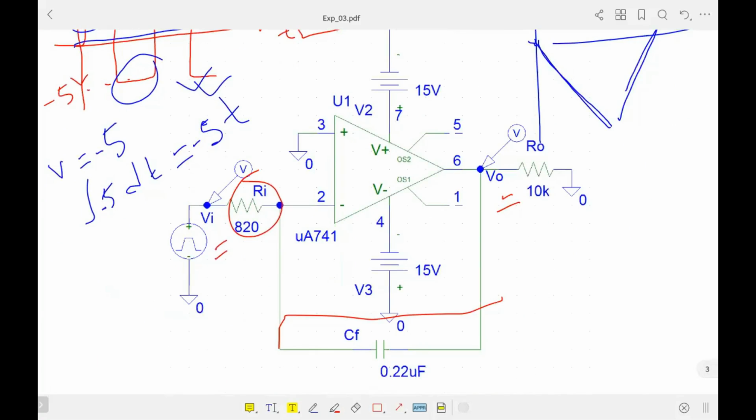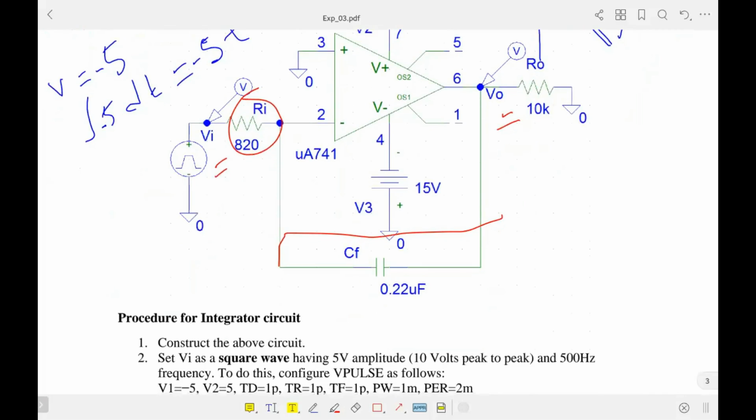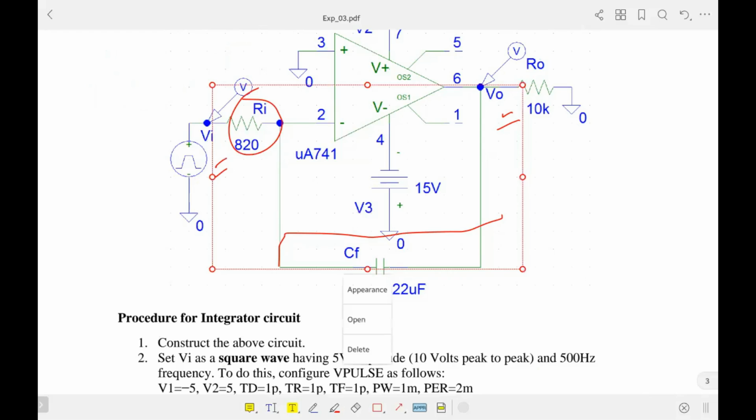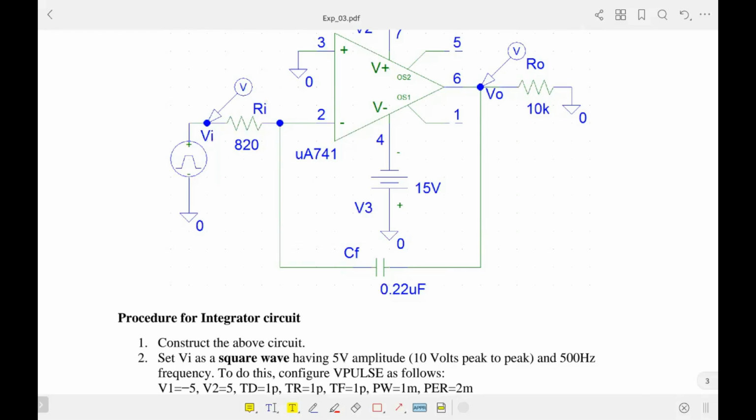If we supply a square wave, the output we will get will be a triangular wave. We'll observe this in the PSpice simulation. So let me clear all this. This circuit I just explained.